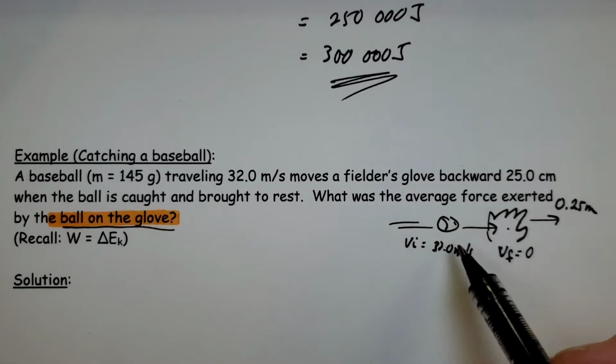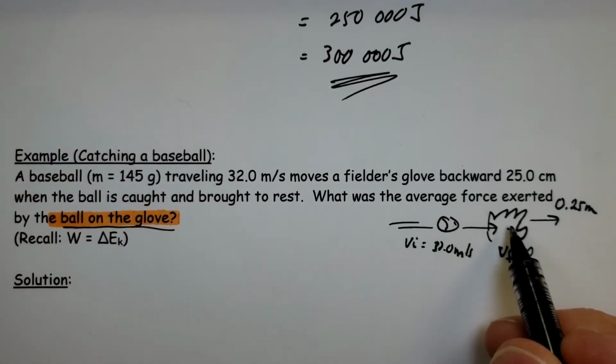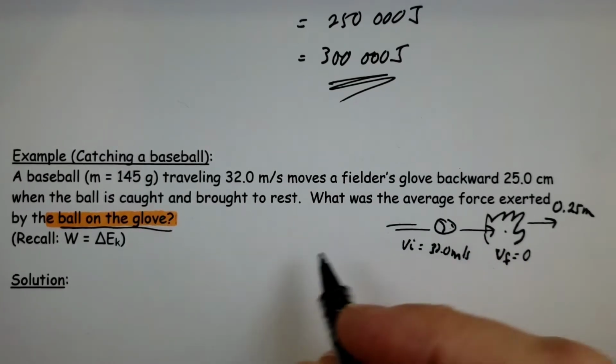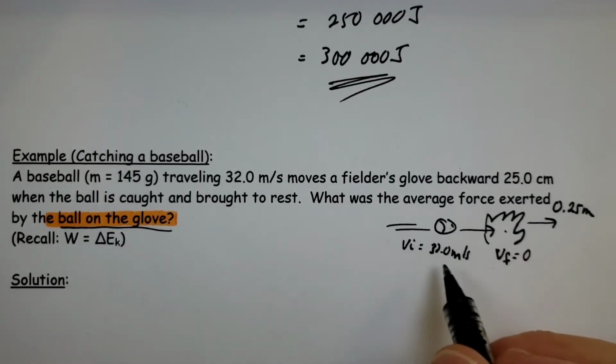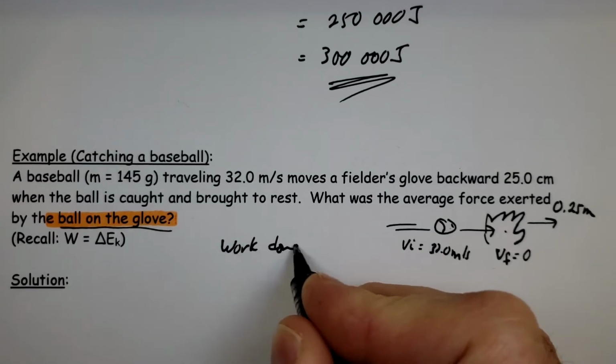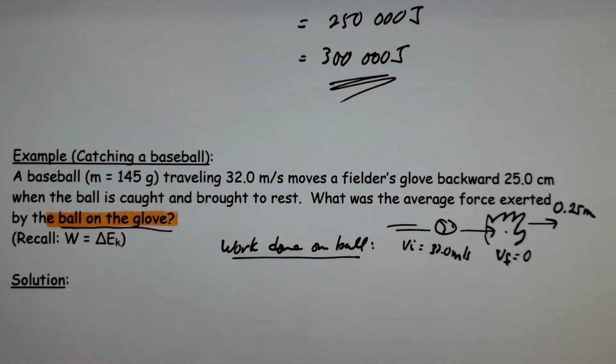So we can see here the ball is going to be losing energy. And if I can figure that out, I can figure out how much energy the glove is gaining, because it was at rest and it's moving back. So if we look at work done on the ball, because that's all the information we have, really. We have the ball's mass, we have its initial and final.